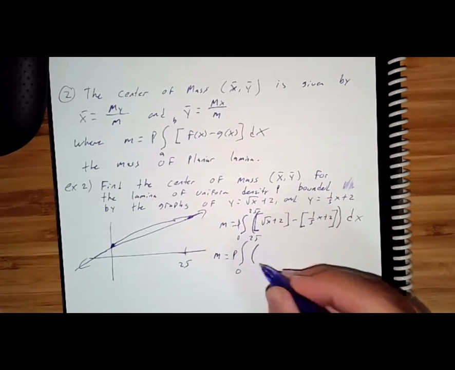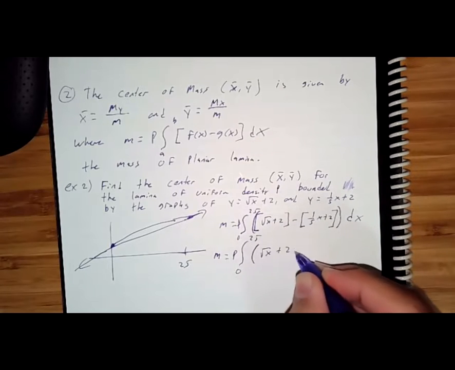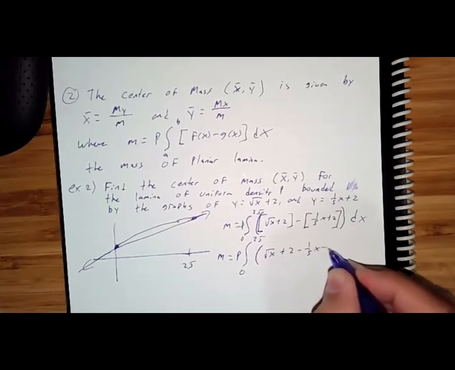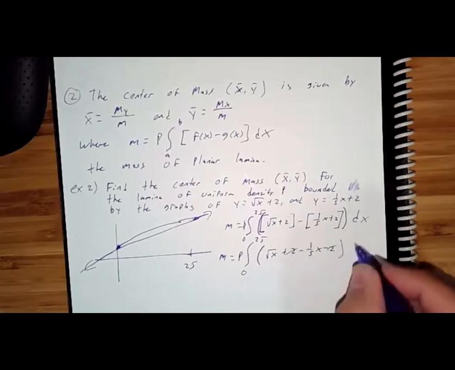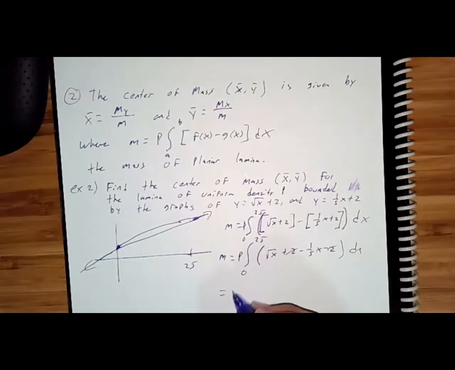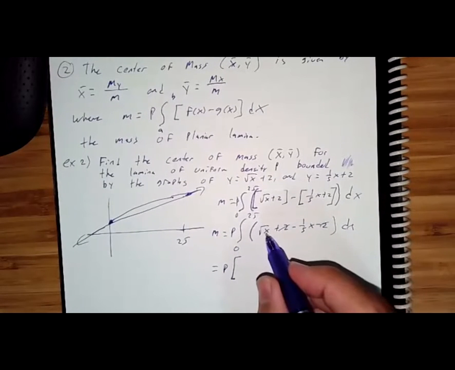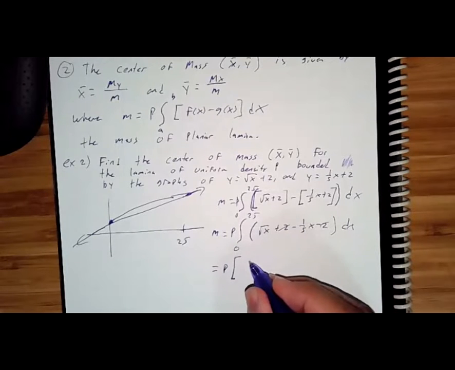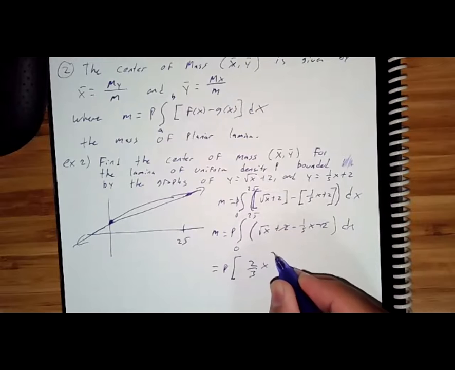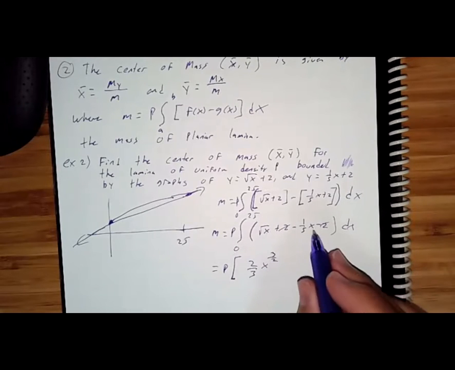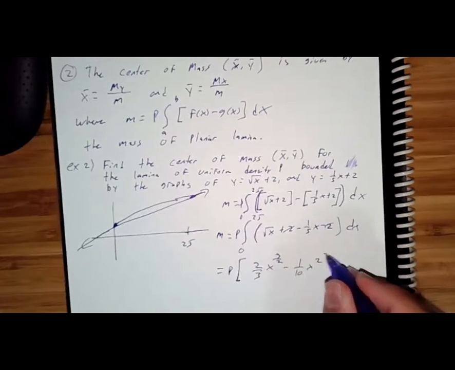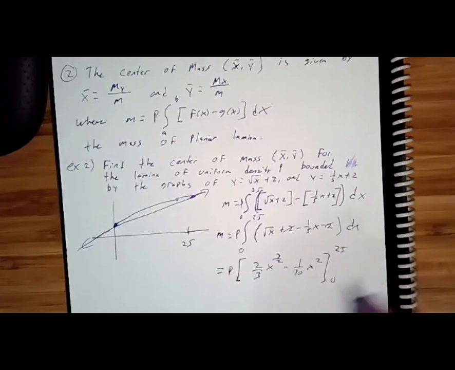So it's root x plus 2 minus 1/5 x minus 2. So those 2's are gone. So the integral will be, add 1 to the root, so that will be 2/3 x to the 3/2, minus 1/10 x squared from 0 to 25.